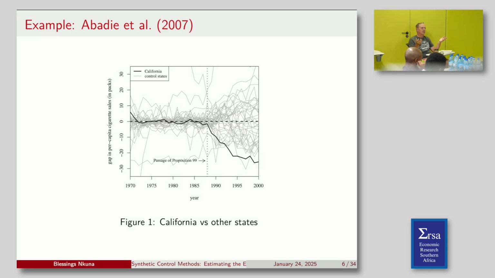So the idea is, let's just pretend that this happened in the other states instead. Let's apply the same method and figure out what their black line picture would be. But they're plotting it in gray in this picture. So this is for all the other states, where the other states were treated as if they had the policy implemented that California did.